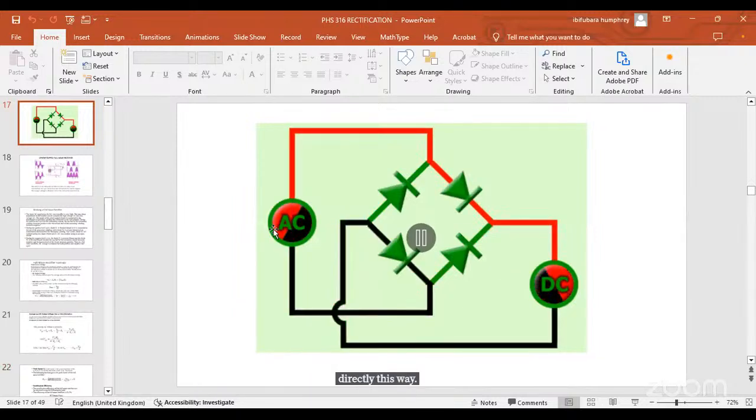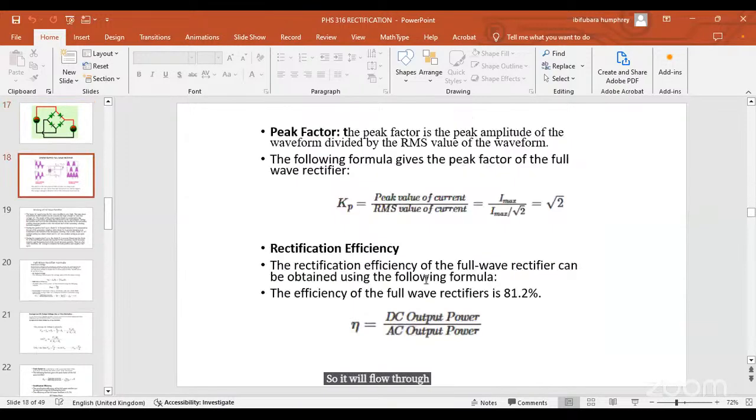Then here, the second half, it comes through here and passes through 3 to 4. When it gets here, it cannot go back because this is reverse bias. So it will flow in this direction.